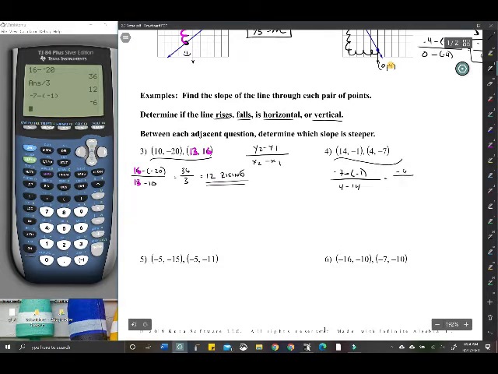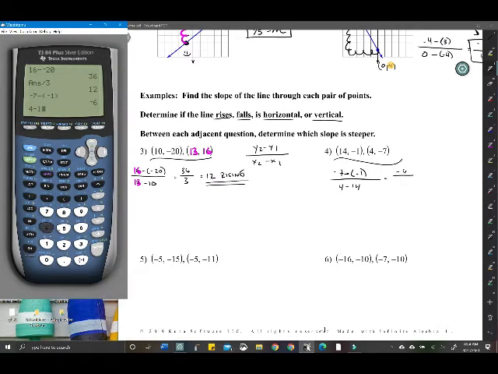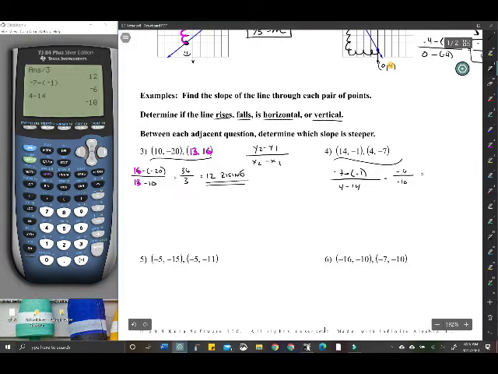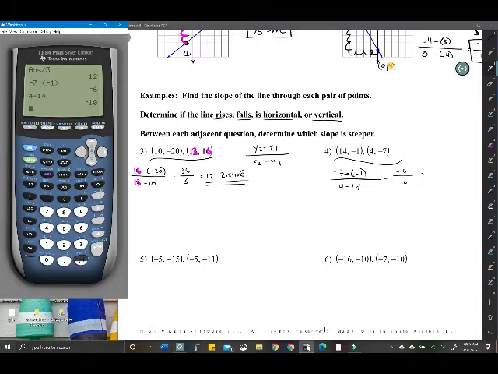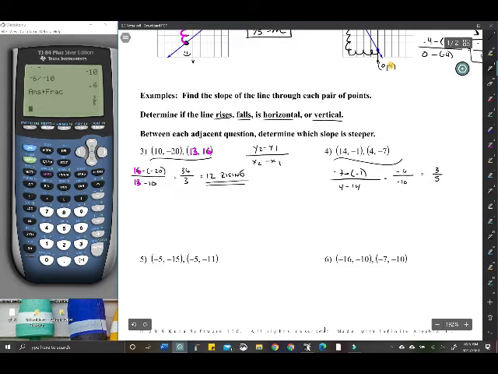Divide that by 4 minus 14. That's -10. Our slope then, -6 over -10, is 0.6 or 3/5. So again, it is rising because it's positive. The negative over negative cancels.